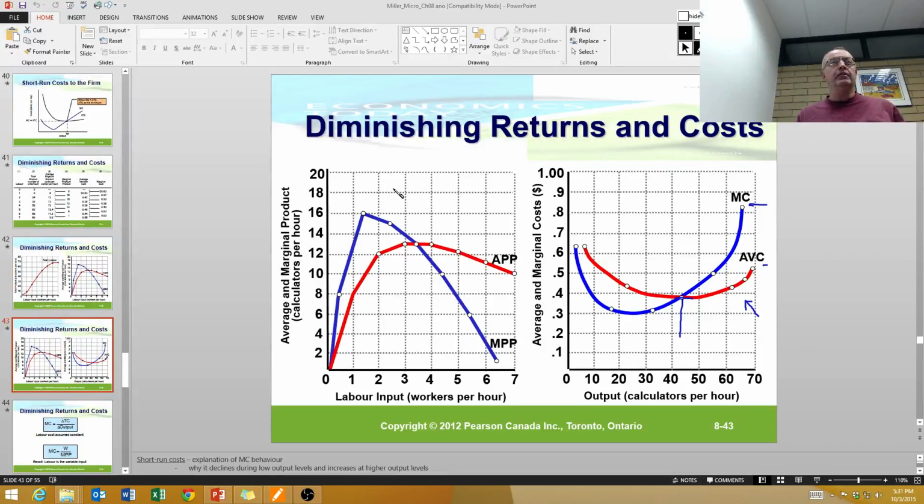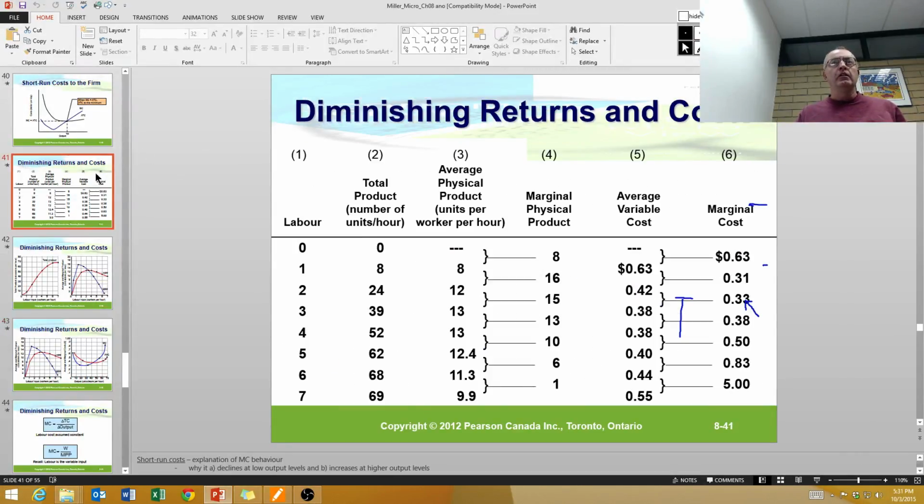And I hate to say it's a bit complicated, but it is a bit complicated. So what we've seen so far, we've calculated the marginal cost by calculating the change in total costs divided by the change in output. But it just so happens that there's another formula for calculating the marginal cost, and there's another formula for calculating the average variable cost.